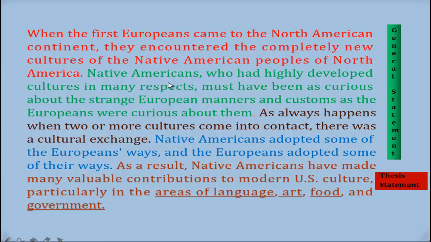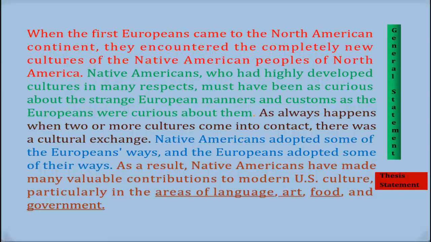And then this green one is another sentence, the black one is another sentence, and the blue one is also the fourth sentence of the general statement. So the general statement here consists of four sentences.